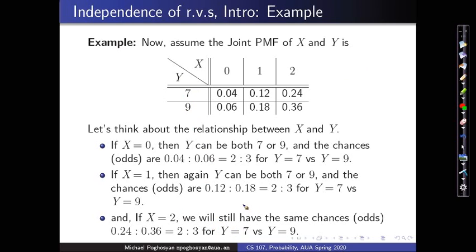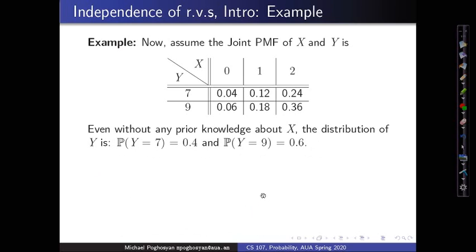Okay? So this means that the information about x is absolutely not changing the probability, the distribution of y, of taking these values 7 and 9. Even without any prior knowledge about x, if I consider just the marginal distribution of y, here I need to write the sum of these 3 elements.